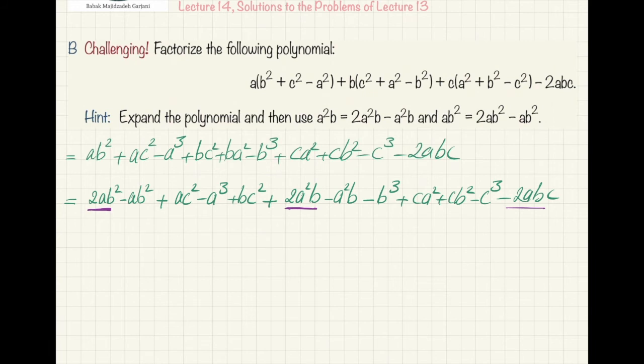So what's left for me? It becomes 2ab times: from this term, if I pull 2ab out, only a is left, so let me write it here. And from this one, when I pull 2ab out, positive b is left. And finally, from this term, if I pull 2ab out, negative c is left.